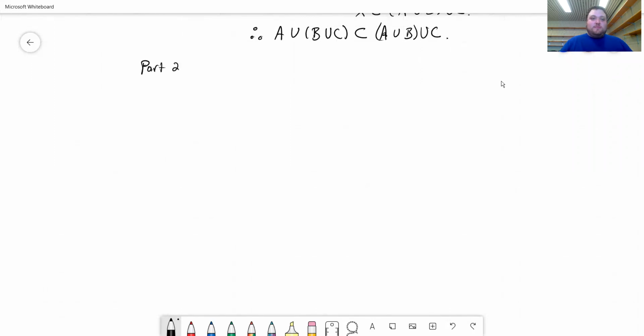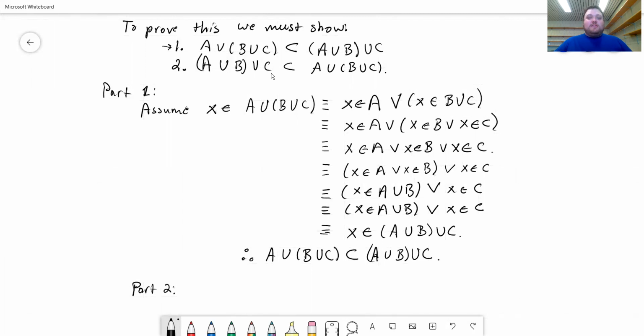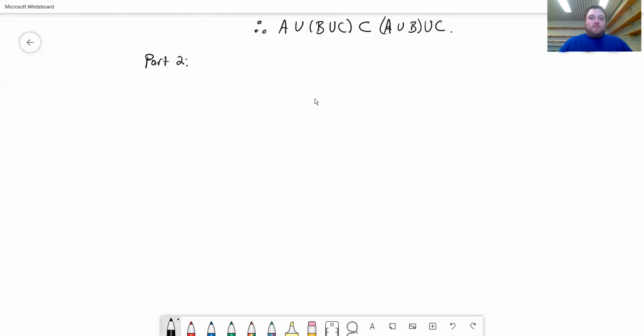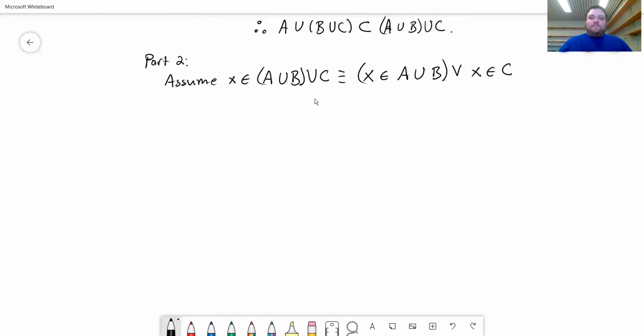So part two, we want to show that A union (B union C) is a subset of (A union B) union C. So we will assume that X is an element of A union (B union C), which is equivalent to saying that X is an element of A, or X is an element of B union C. And we can then break up this B union C, and we get X is an element of A, or X is an element of B, or X is an element of C.